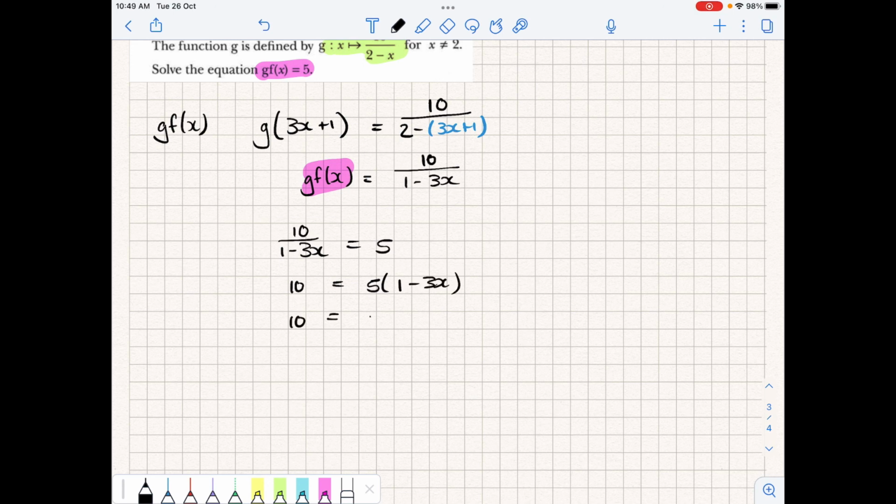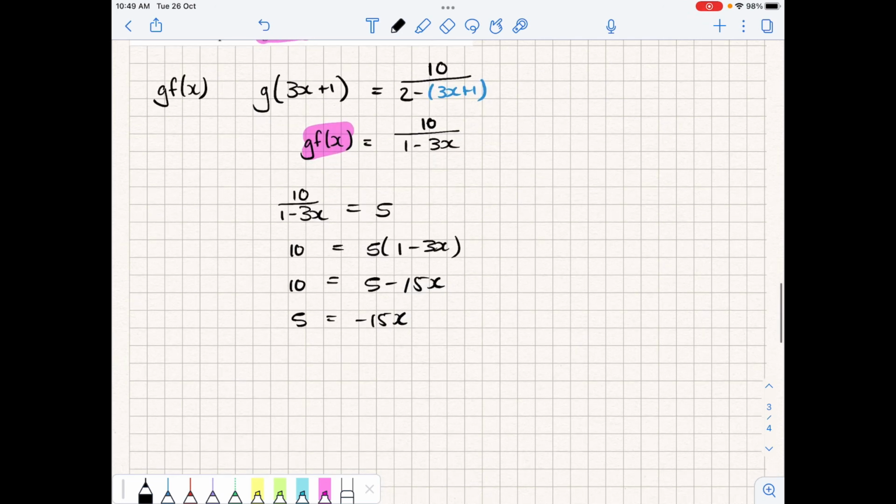Expand the bracket out. 5 minus 15x. We can move things around a little bit just to simplify. So I'm going to move the 5 to the other side to get 5 equal to minus 15x. Divide through by 15. We'll get x equal to minus 5 over 15, which is minus 1 over 3. So that is the solution.